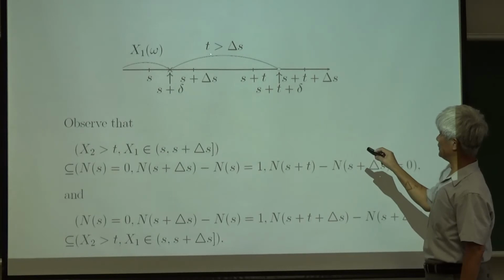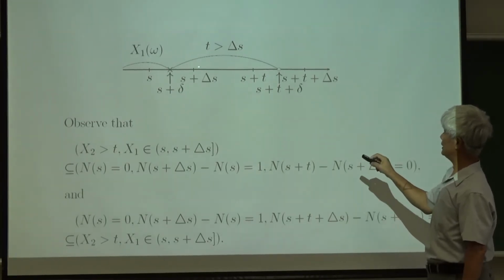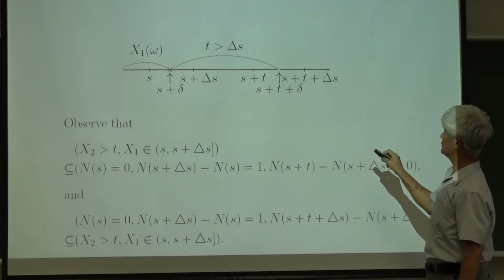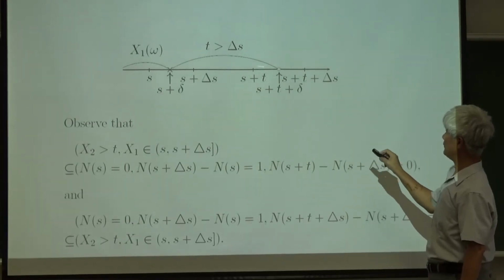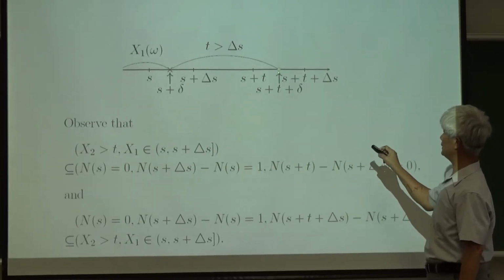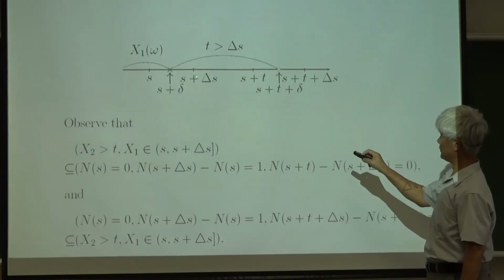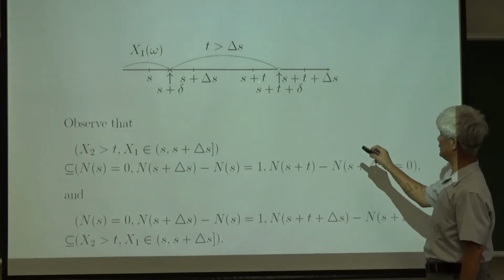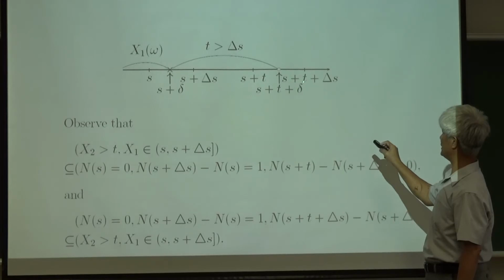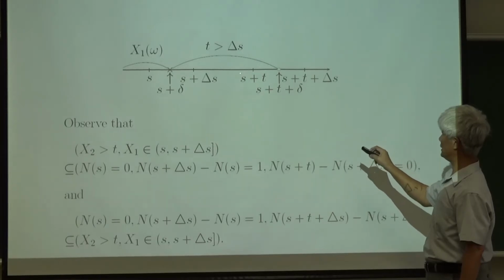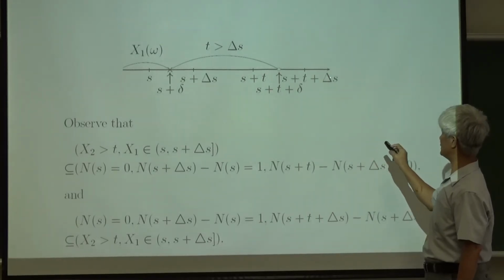And the situation, because we assume T is greater than delta x, is this: this is S plus delta x, this is S plus T, and this is S plus T plus delta x. So again, this time point is in between S plus T and S plus T plus delta x.